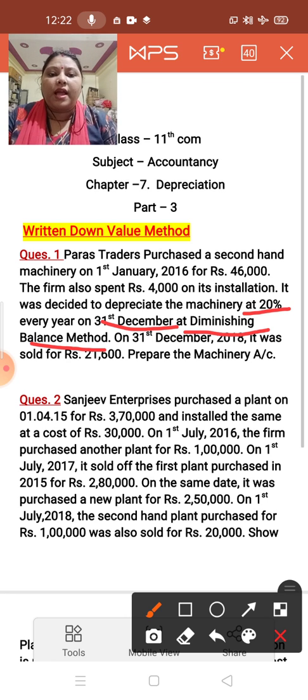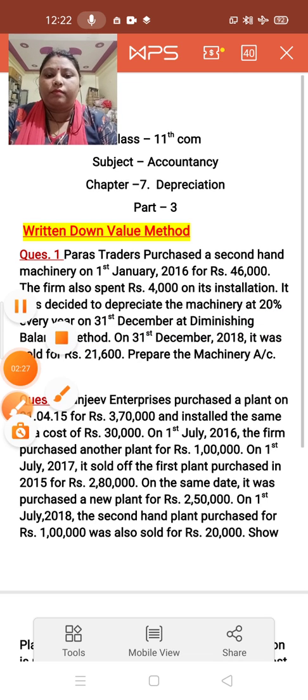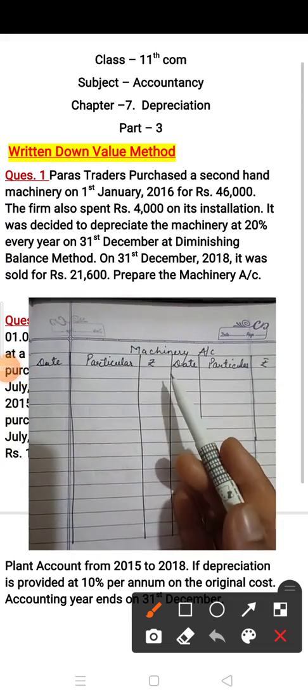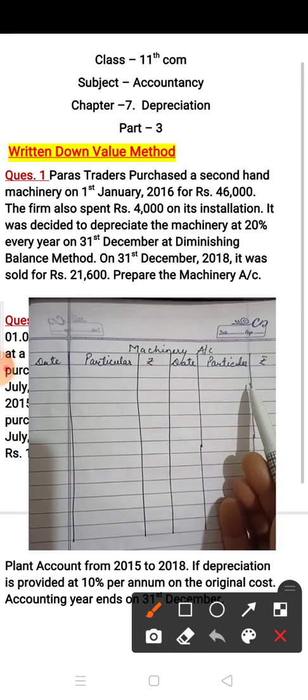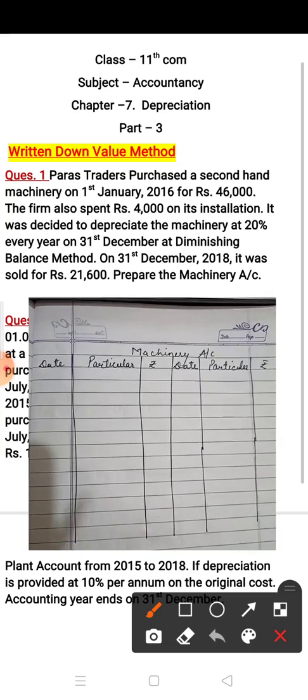After this you have to start making the machinery account. The machinery account format I have already given you. So let us start. Children, see, this is the machinery account and the format is date, particulars, amount, date, particulars, amount. First of all, we have to enter the amount.